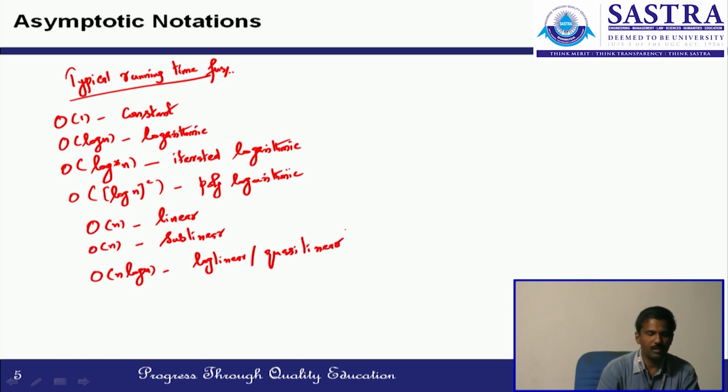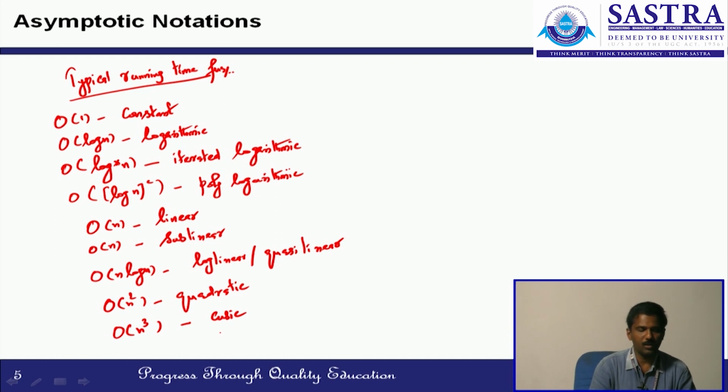computational complexity. Then order of n square, this is quadratic computational complexity. Order of n power 3, this is the cubic computational complexity.